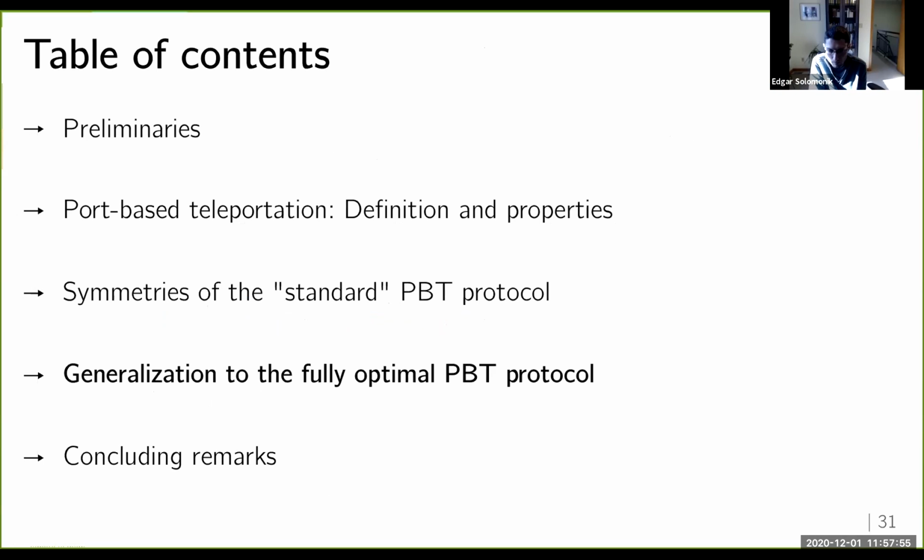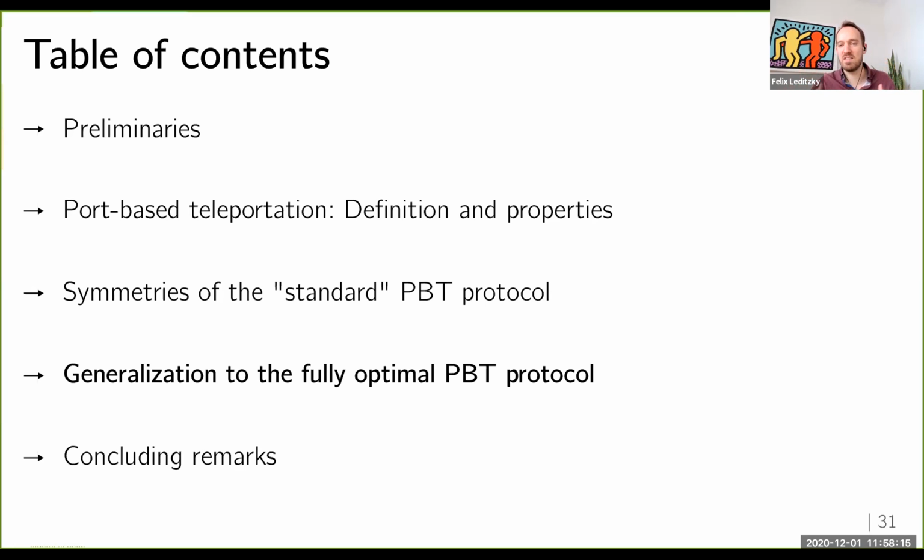Okay, so I'll come to the last part of my talk, which is to generalize this. So far we've talked about port-based teleportation, where the entangled state that Alice and Bob share in the beginning just consists of copies of maximally entangled states.